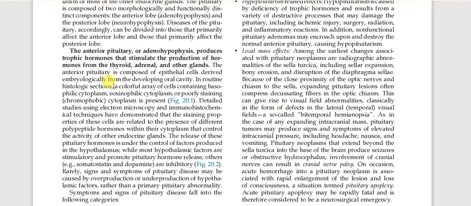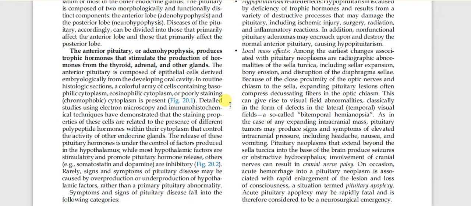Once again, histologically, you remember that the adenohypophysis contains chromophilic and achromatic cells. Chromophilic cells present with basophilic cytoplasm and eosinophilic cytoplasm. Achromatic cells present without any color.